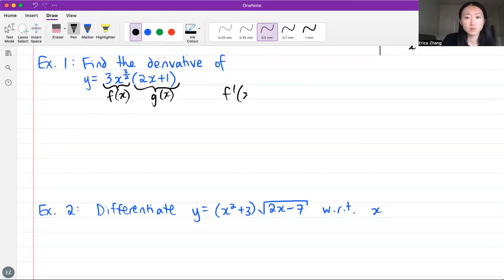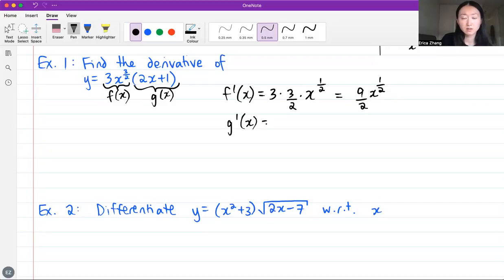Therefore, f prime of x is equal to 3, and now we're applying the power rule of differentiation. So the exponent of x comes down, 3/2 multiplied by x to the power of, now 3/2 minus 1 is equal to 1/2. Okay, so we get 9/2 multiplied by x to the power of 1/2, and g prime of x is equal to 2.